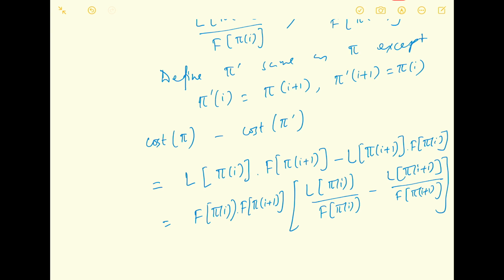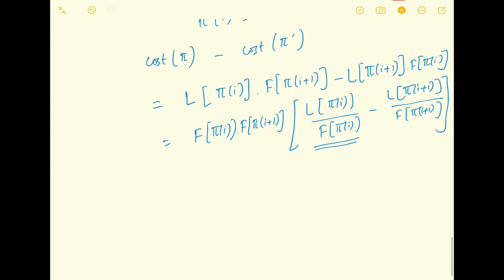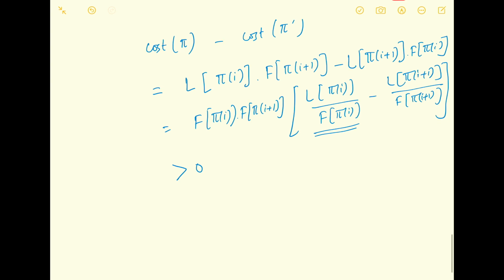Now because the first term L of pi i by f of pi i is more than the second term, this is strictly greater than 0, which implies that the cost of pi is greater than the cost of pi prime, which is a contradiction to our assumption that pi is a permutation which minimizes this cost. And again you can see that we have the same kind of exchange argument while proving that our greedy choice leads to an optimal solution.